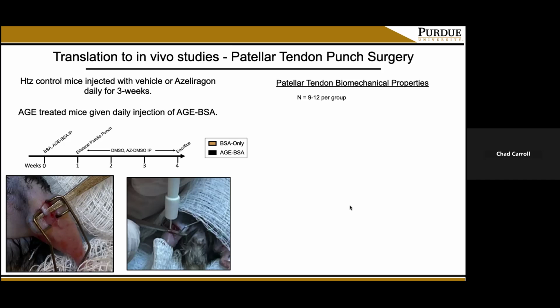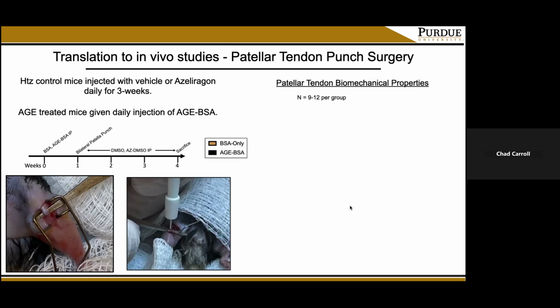And we treat them with either a vehicle or azeliragon, which is a RAGE inhibitor, RAGE antagonist. And we decided to go with 3 weeks of treatment for our initial experiments because we wanted to focus on mechanical changes, and 3 to 5 weeks is, for tendon, a reasonable time to do that.